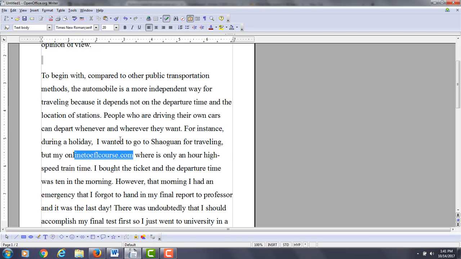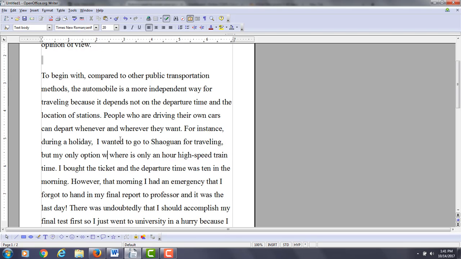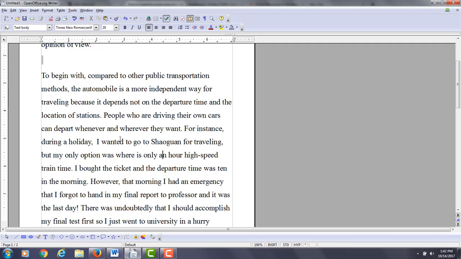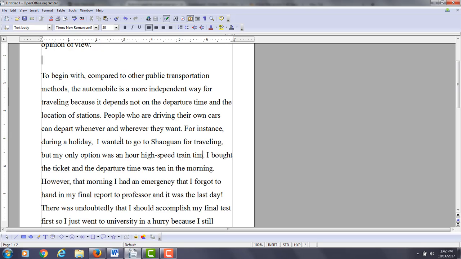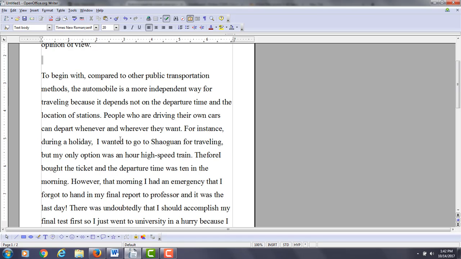But you might say my only option was an hour high-speed train. Then you might say, therefore, I bought the ticket and the departure time was 10 in the morning. However, that morning I had an emergency.